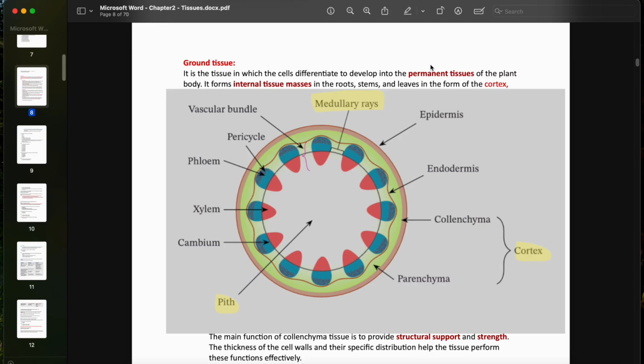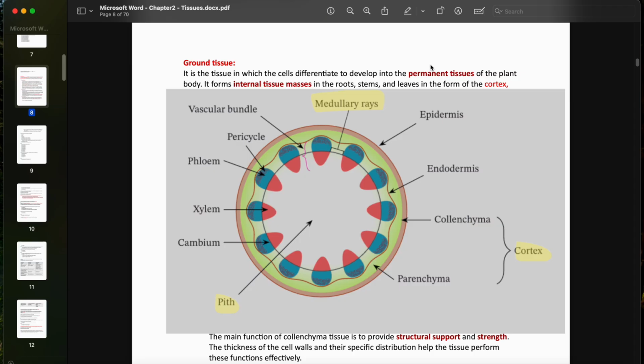The function is storage, sometimes support, sometimes photosynthesis. It really depends on the plant part. But always remember that the cortex is the outer ground tissue zone. Okay, so the cortex is the outer chunk before the vascular bundle.